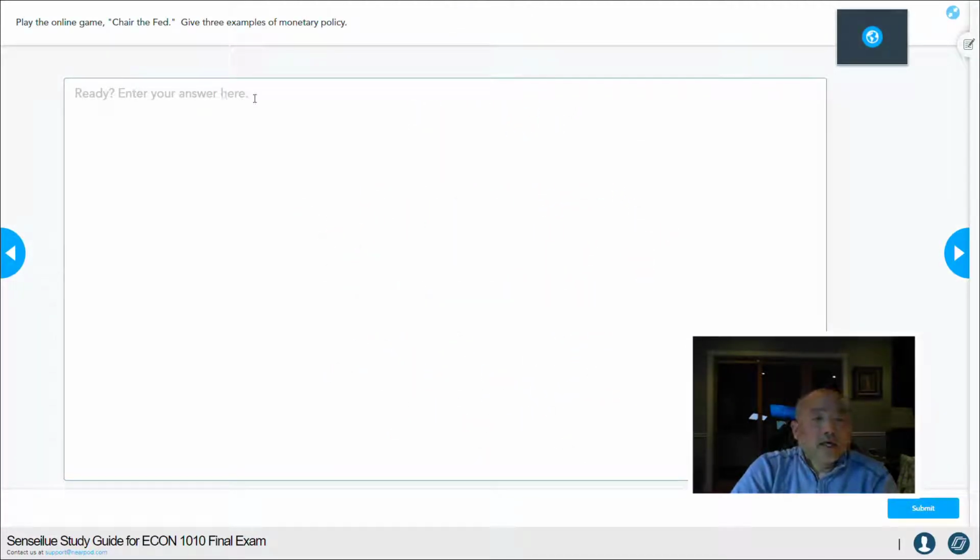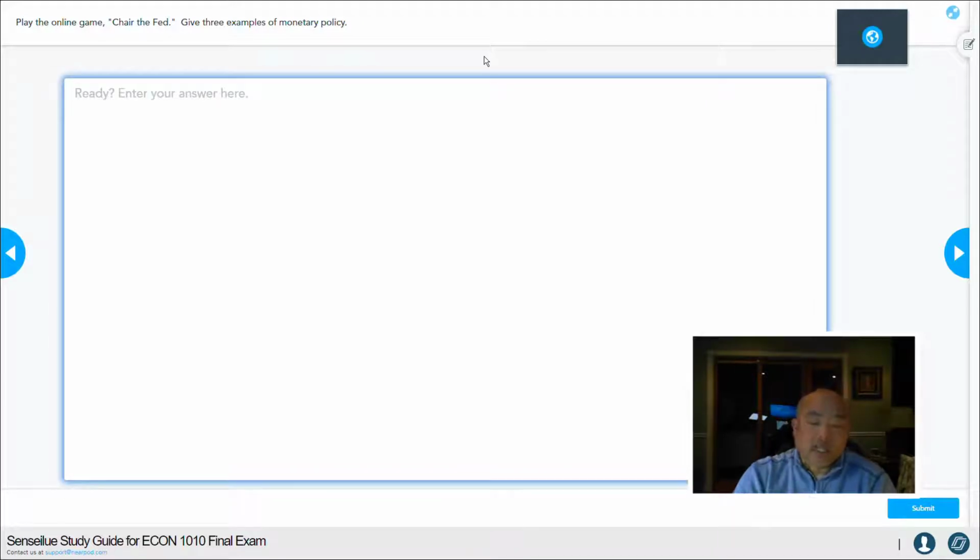Open-ended question. Okay. Give 3 examples of monetary policy. Well, one could be buying and selling government securities. 2 could be raising or lowering reserve requirements.